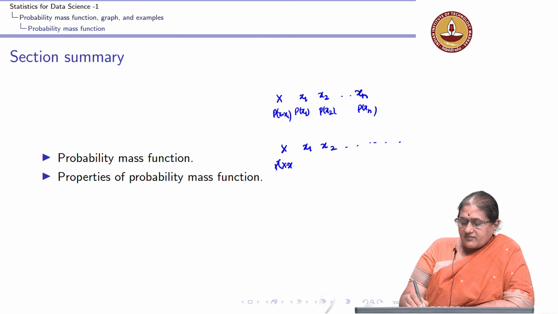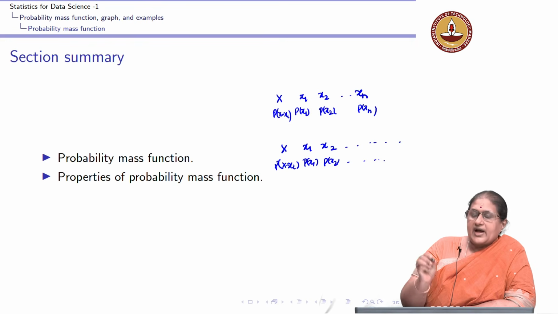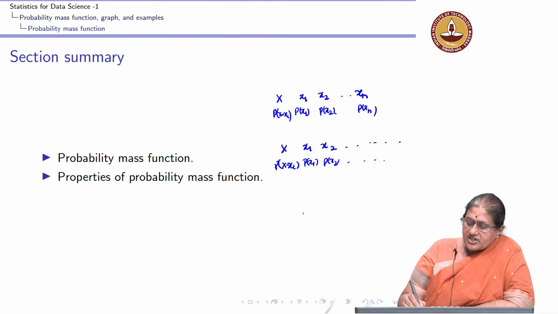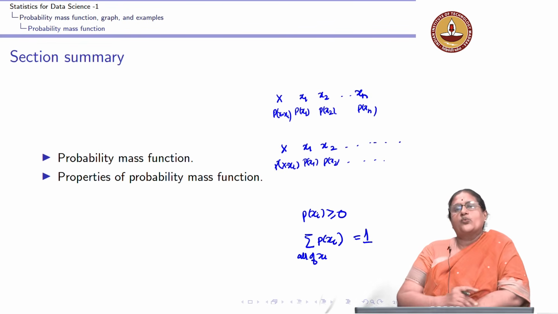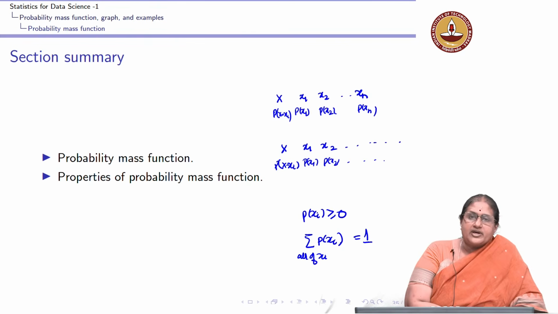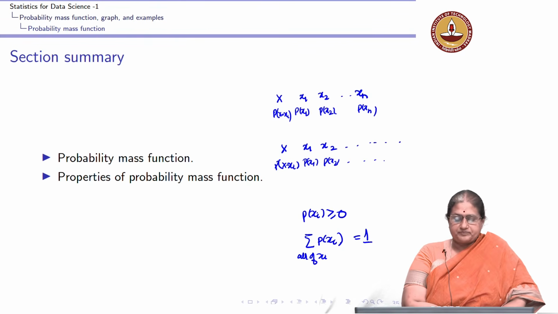Again, same thing when it takes countably infinite number of values, p of x1, p of x2, and so on. I say it's a probability mass function if each of the p of xi is greater than or equal to 0 and the summation over all possible values of xi is equal to 1.